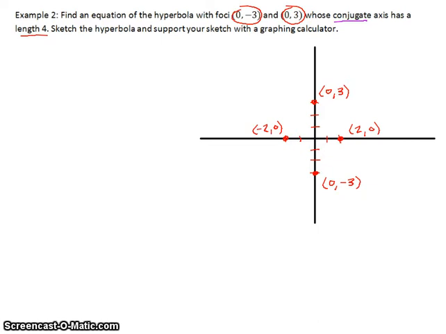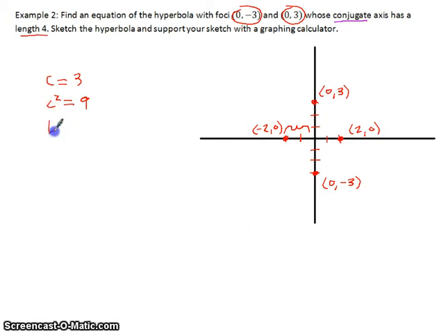Okay, so our focus points are at (0, 3) and (0, -3). That means that this length here, c, is equal to 3, which means that c squared is equal to 9. And the b is the distance from the center out to an endpoint here.